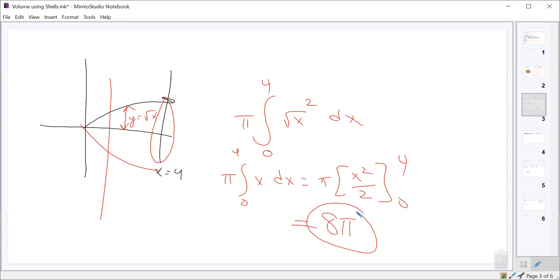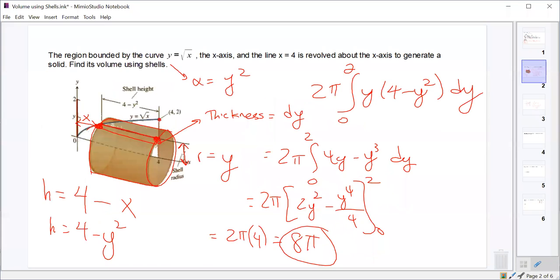But the important thing to note here is that when we did it using disk, we used which variable? X. And when we did it using shells, we used y. So sometimes you will come across a function that is very difficult for you perhaps to convert back and forth between terms of x and terms of y.